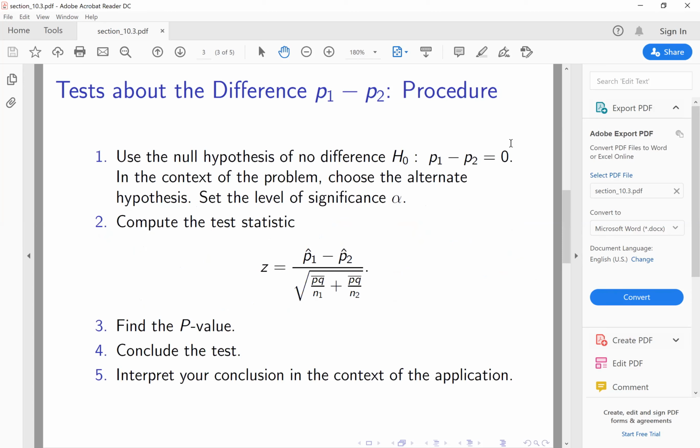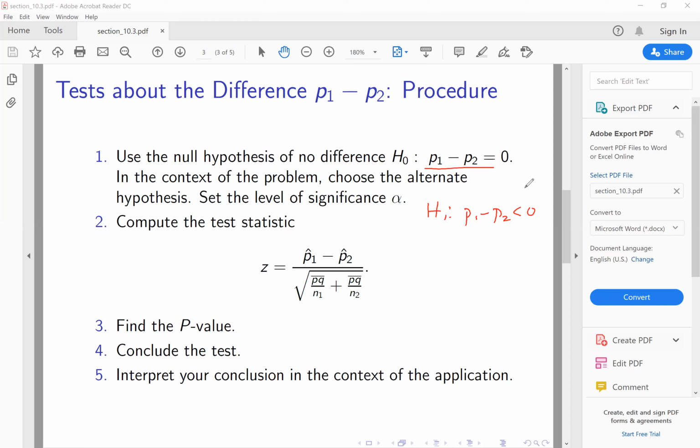The hypothesis test works just like any other. Our null hypothesis is always that the difference of the proportions is 0. Or in other words, the proportion of men who like avocado toast is the same as the proportion of women who like avocado toast. Then our alternate hypothesis might be that maybe men like it less than women.